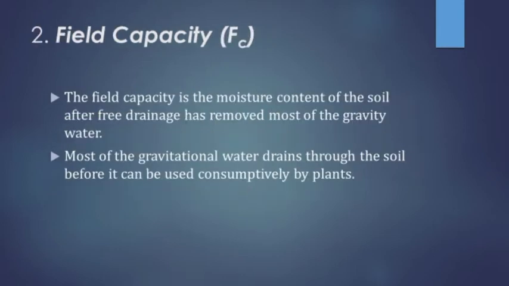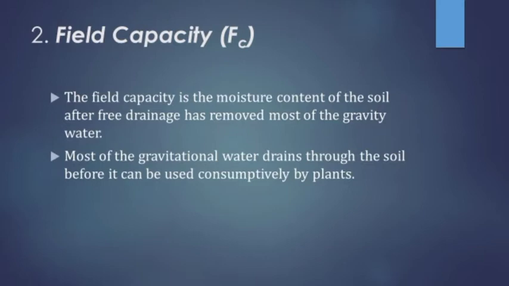Second one, field capacity. This one is really important. Field capacity is the moisture content of soil after free drainage has removed most of the gravity water. That is, after irrigation, most of the water that we irrigated drains through the soil before it can be consumed by the roots or plants.